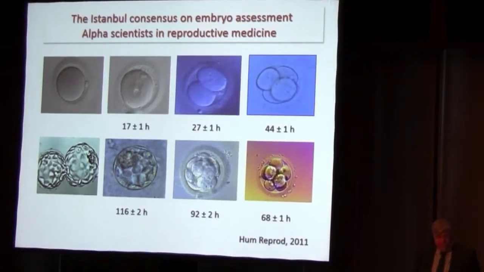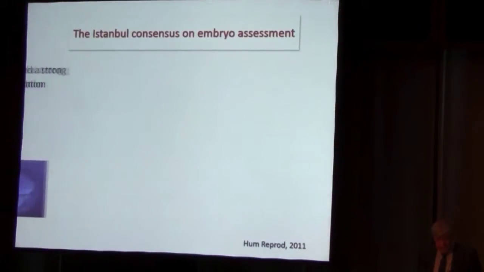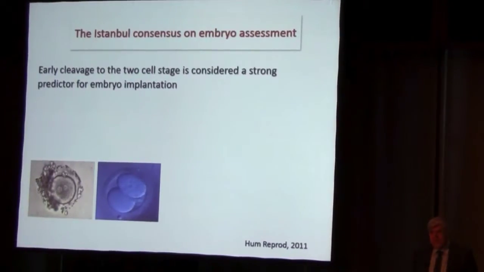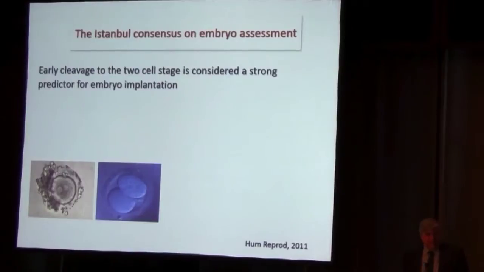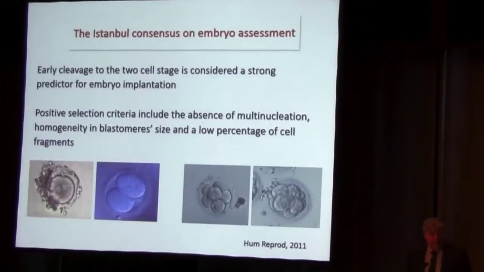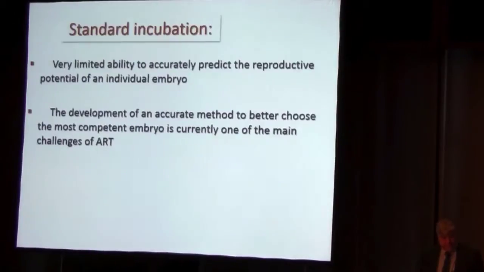It was based on a few parameters. One is the time of cleavage to 2 cells, which at that time they considered a strong predictor of embryo implantation. The other is the positive selection criteria, including the absence of multinucleation, homogeneous blastomere size, and a low percentage of cell fragments.